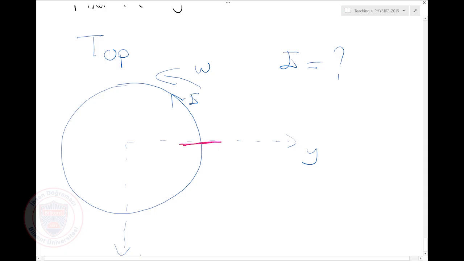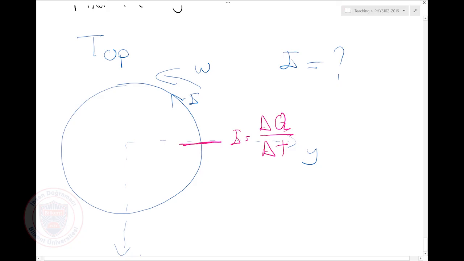How much charge is passing? First of all, why are charges passing this plane? Because they are carried around with the ring. Okay? So current here would be the total amount of charge passing this plane divided by the time it takes for these charges to pass.